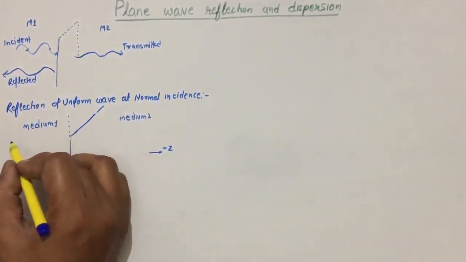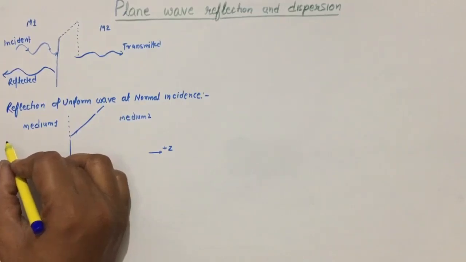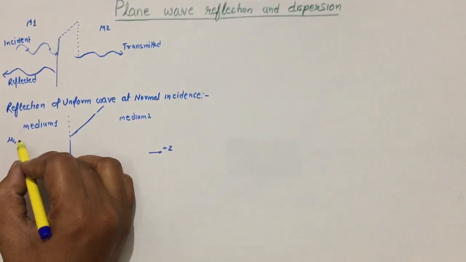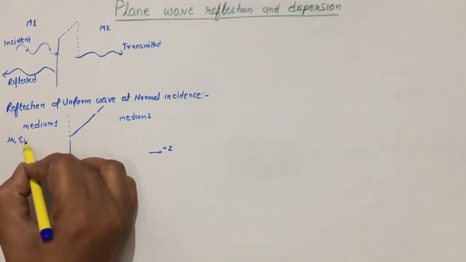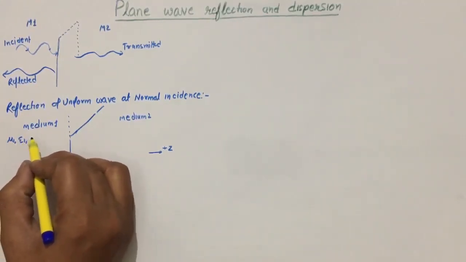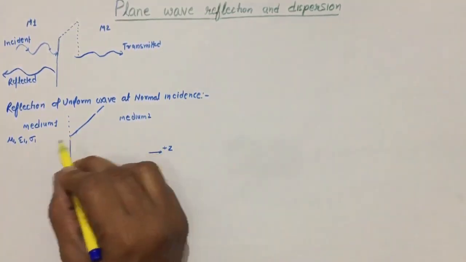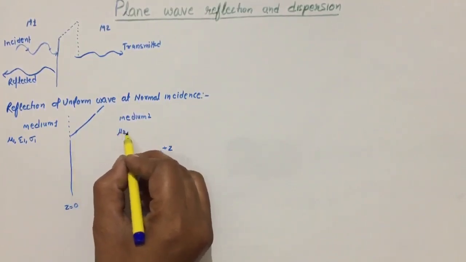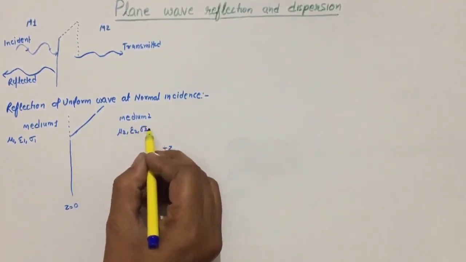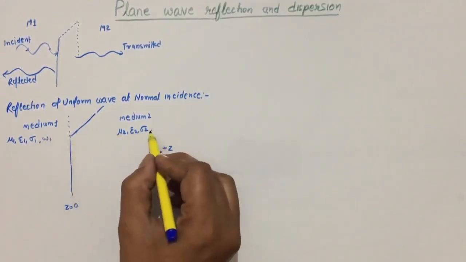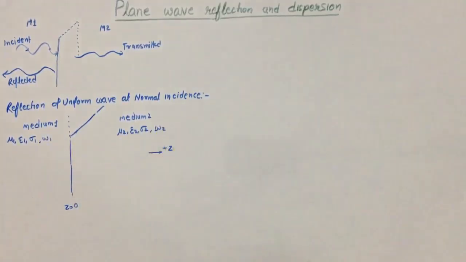These two are different mediums, so accordingly it will have permeability mu1, permittivity epsilon 1, and conductivity sigma 1. Similarly, it will have mu2, epsilon 2 and sigma 2.